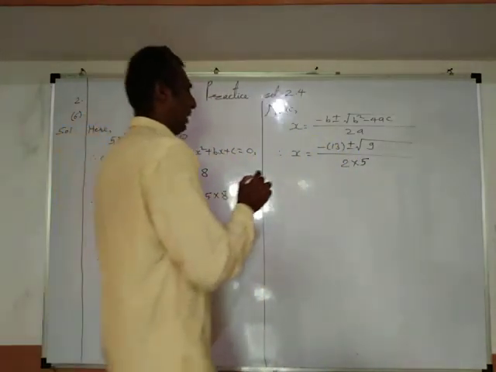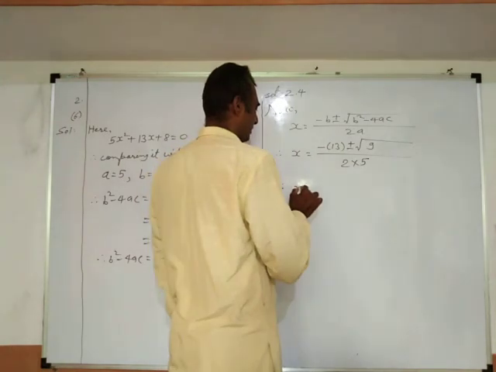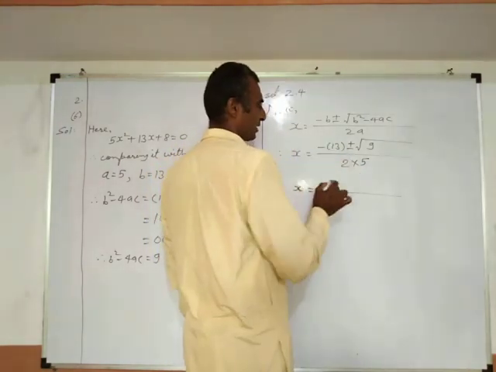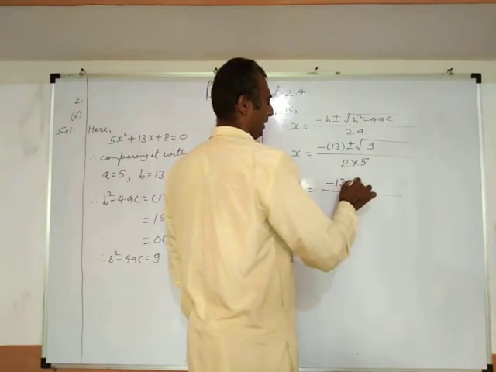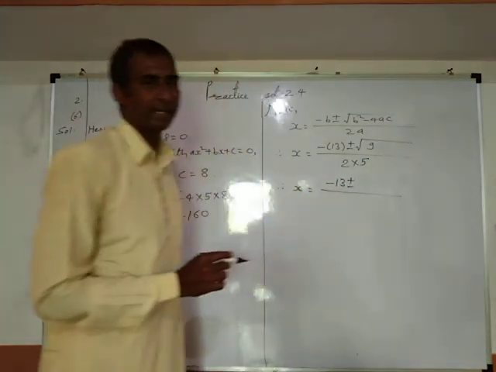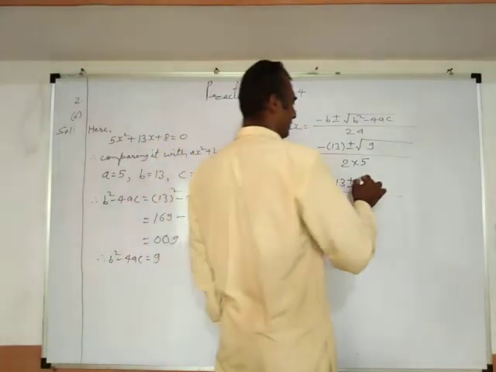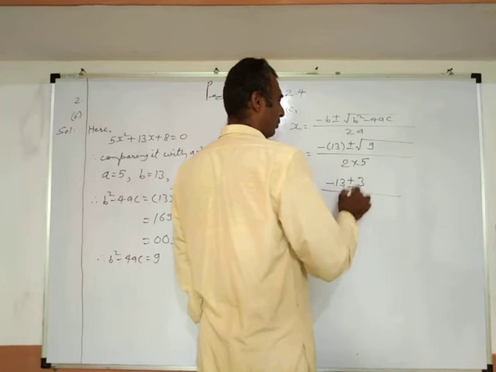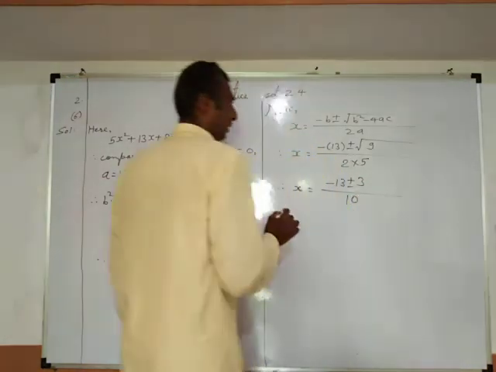Okay, and therefore x equals minus into plus gives us minus 13 plus or minus root of 9, and root of 9 is 3, upon 2 into 5, 2 5s are 10.